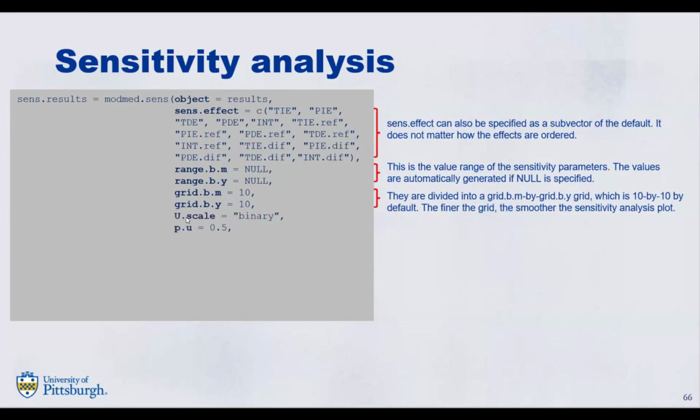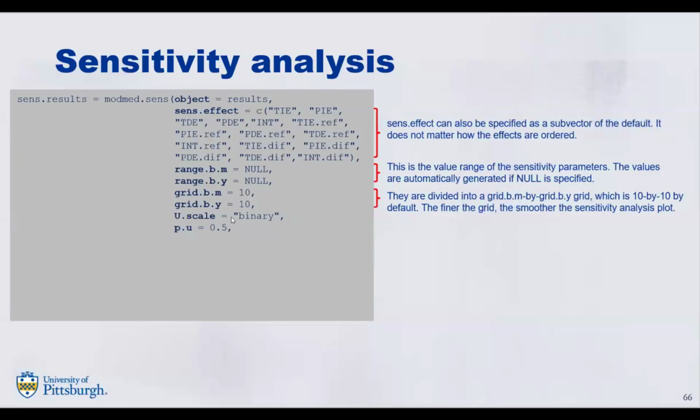And by default, the scale of the unmeasured confounder is binary. Remember, I mentioned that you generate a U from its conditional distribution. So you should assume its scale. It can be a binary unmeasured confounder. It may also be a continuous unmeasured confounder, and sometimes it may be a collective set of multiple unmeasured confounders.